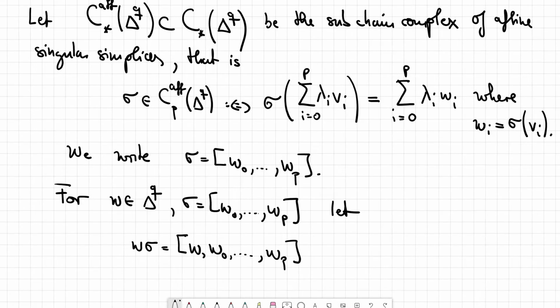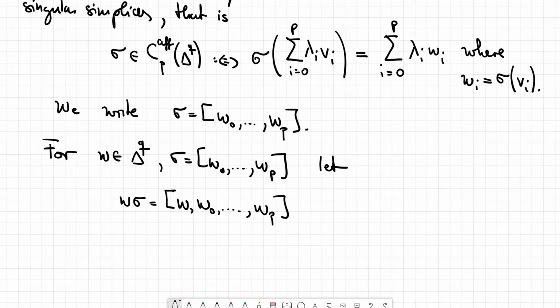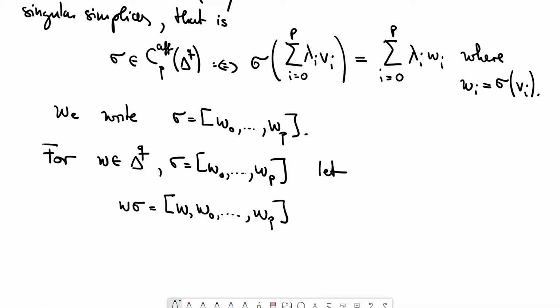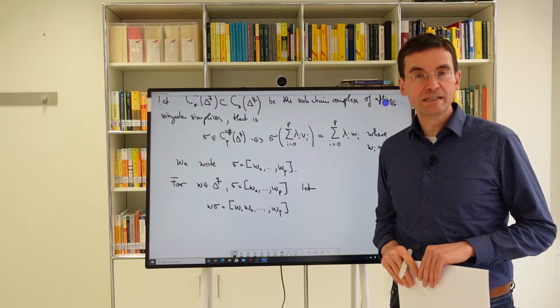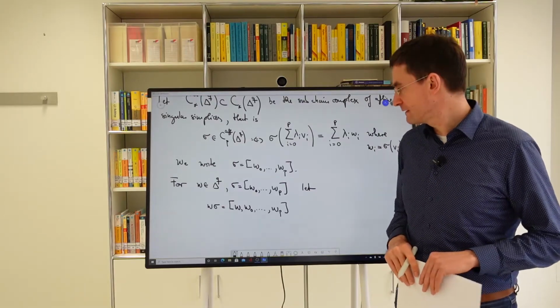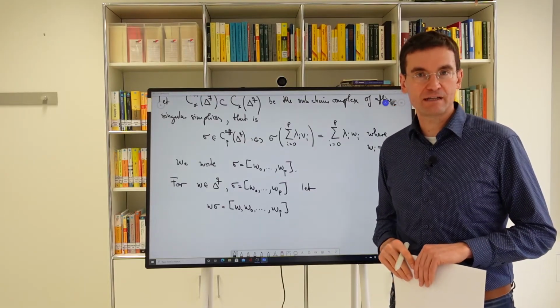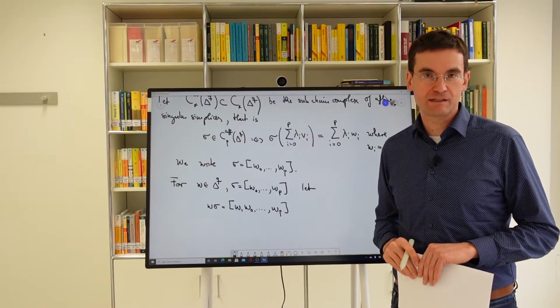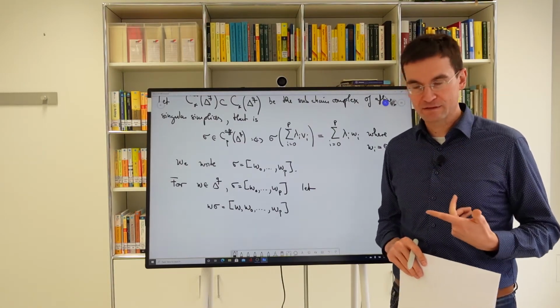And we also get a map of the whole chain complex. Also the chain complex C star affine of delta Q is a free abelian group on the affine singular simplices. So to define a map on this affine singular chain complex, we only have to define it on these affine singular simplices.